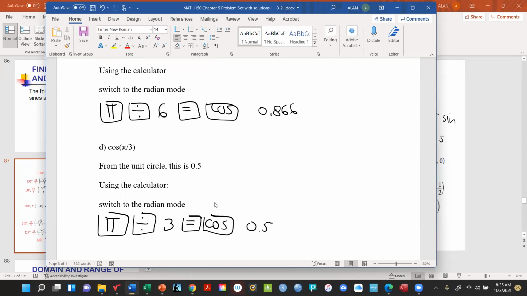Pi divided by 3, oh, make sure in the radian mode, then pi divided by 3 equals, and then take the cosine, and it's going to be 1/2. All right. Okay, here we go.